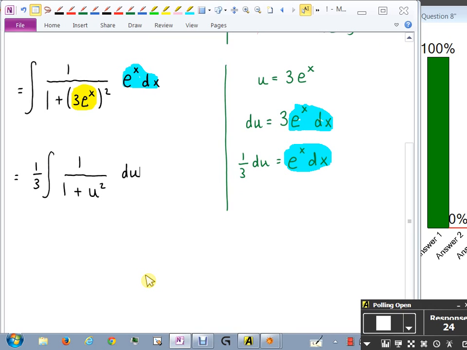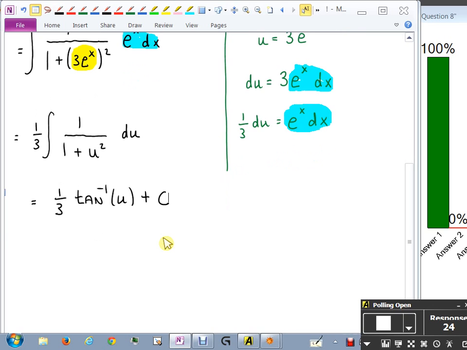Arctan. That's arctan. Arctan of u, right? It's arctan of u, not arctan of x, because our variable is u. So the antiderivative, this is one we had to recognize. Arctan of u plus a constant. But what was u? 3e to the x.